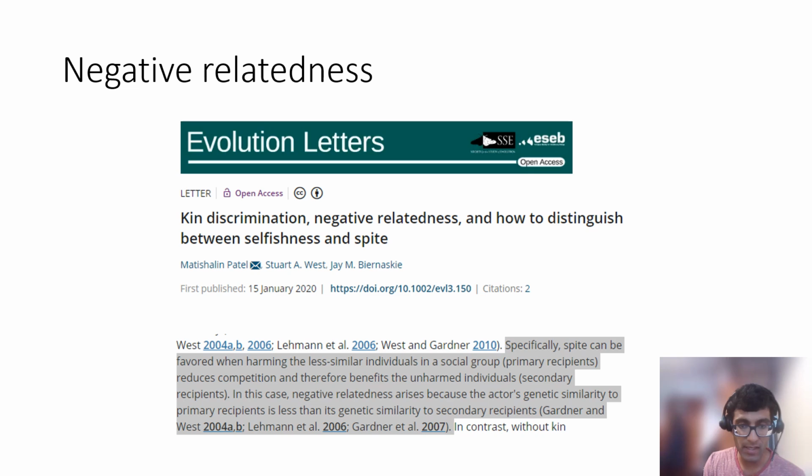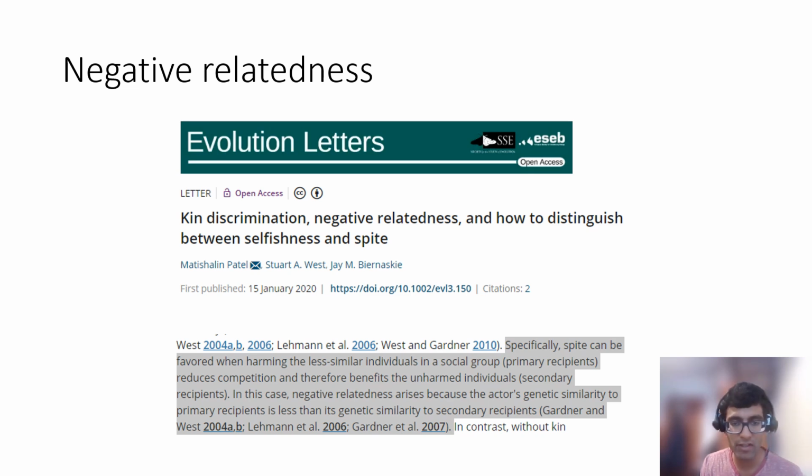And here's a paper discussing that, which you can look at if you're interested. I've highlighted this sentence because I think it's very useful. Specifically, spite can be favoured when harming the less similar individuals in a social group, primary recipients, reduces competition and therefore benefits the unharmed individuals, secondary recipients.